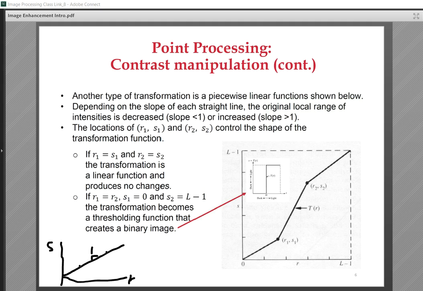The transformation becomes a thresholding function that creates a binary image, as in the last slide. That means changing these two points, you can change everything and create all functions.